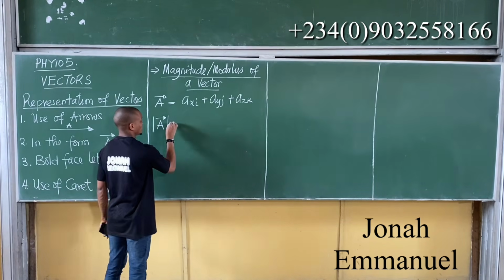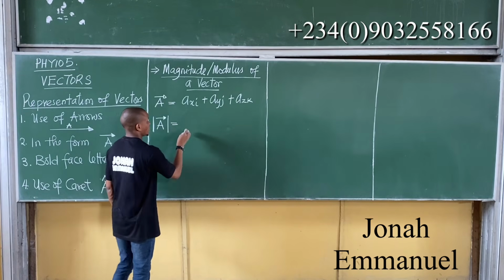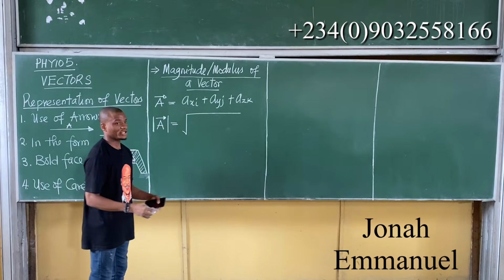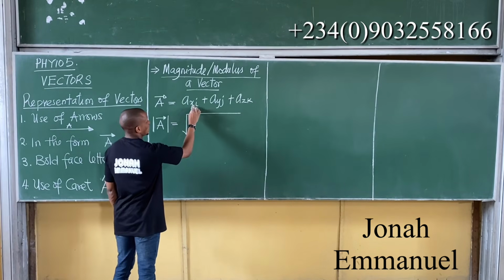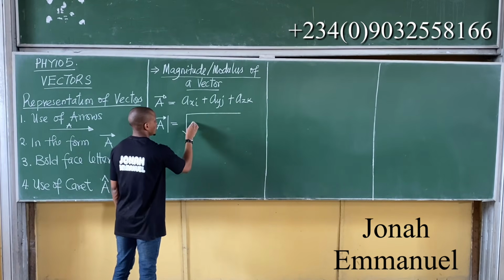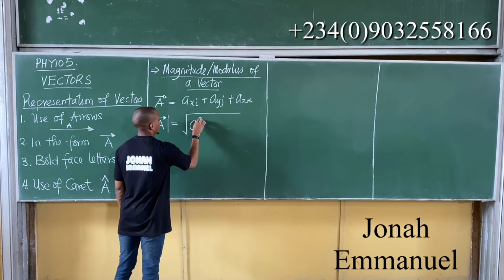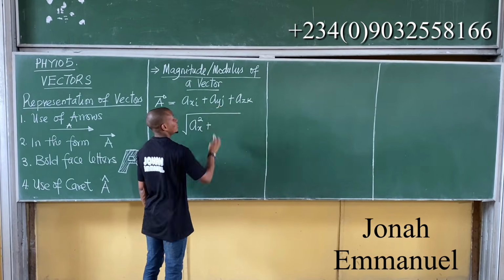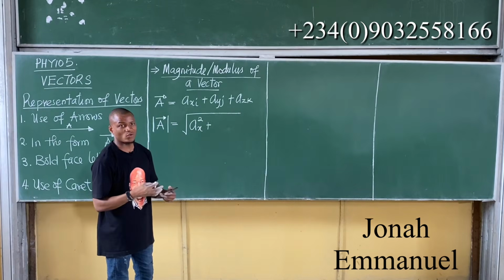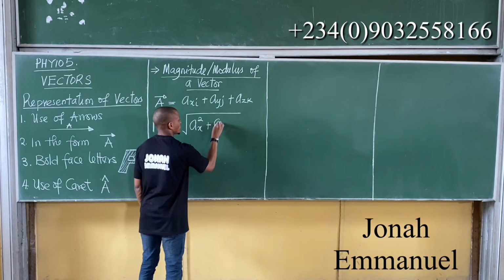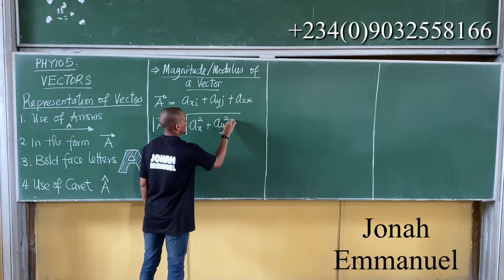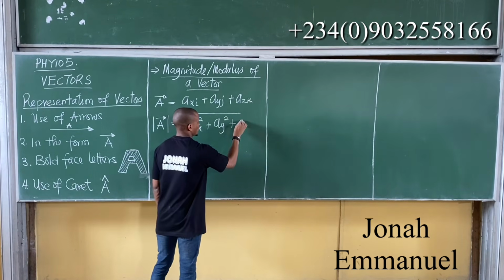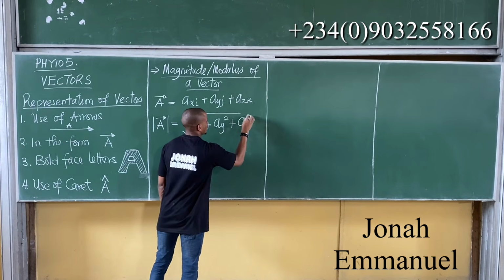So how do you get the magnitude? It's as easy as taking the square root of the magnitude of each coordinate. For the i, what I have is AX, so it becomes AX squared, plus, for the j, the coefficient is AY, so it becomes AY squared, plus, for k, the coefficient is AZ, so it becomes AZ squared.